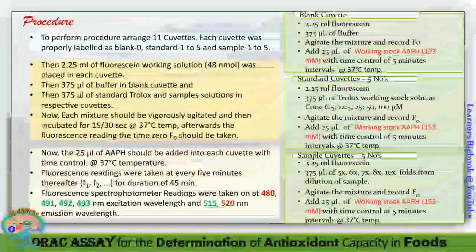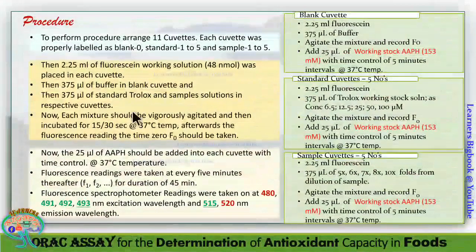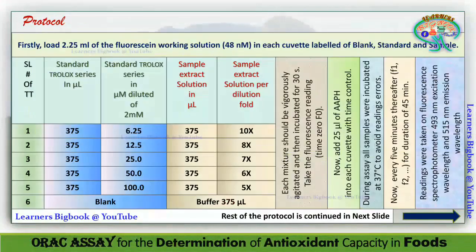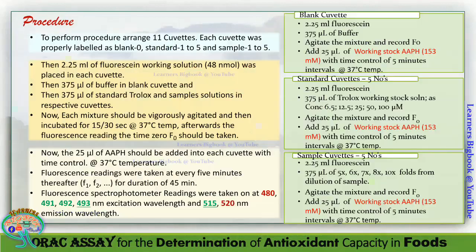Now you understood why we have mentioned this. Further, this will be the protocol for this experiment. The protocol is what is present in the procedure, so directly we are discussing the protocol itself.